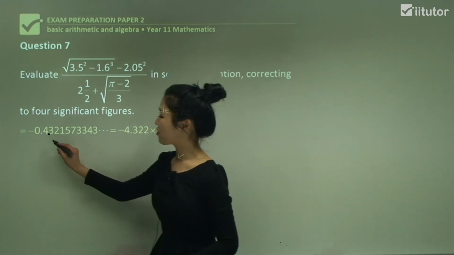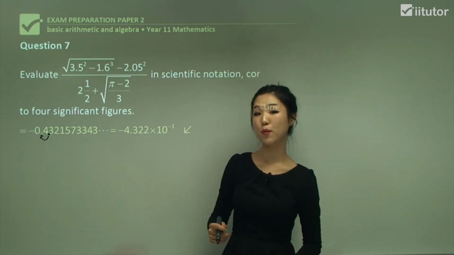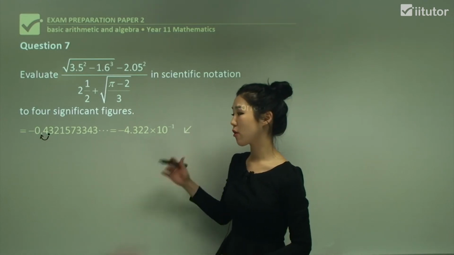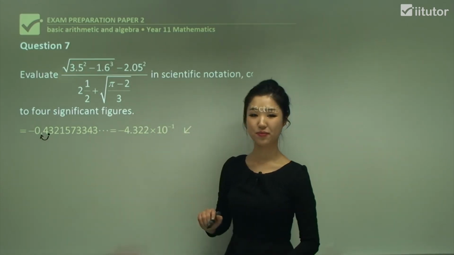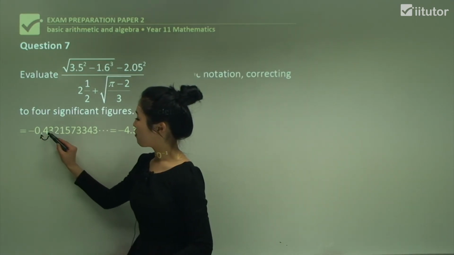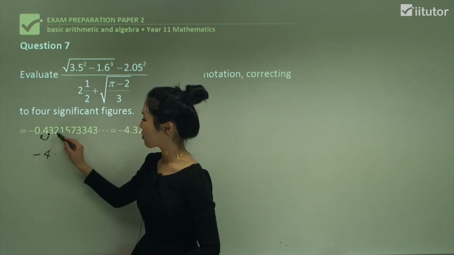And to go back to the original spot, I go back 1 decimal point, don't I? So that's why it's 10 to the power of negative 1, because it's going back, so negative, by 1 place.